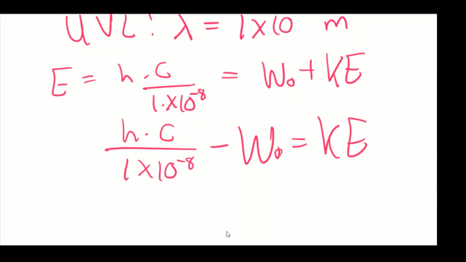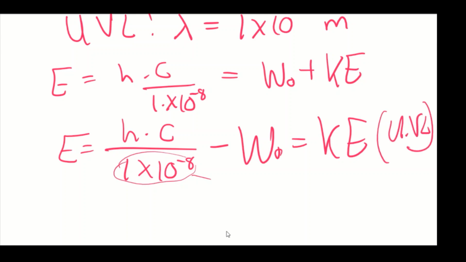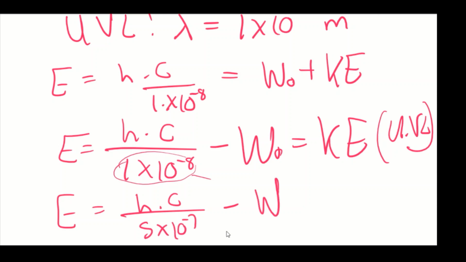This 1 times 10 to the power of minus 8 is smaller compared to that of the blue light. This E is for the ultraviolet light, so let me write that of the blue light. E equals h multiplied by c divided by the wavelength of blue light, 5 times 10 to the power of minus 7, minus work, equals the kinetic energy of the blue light.